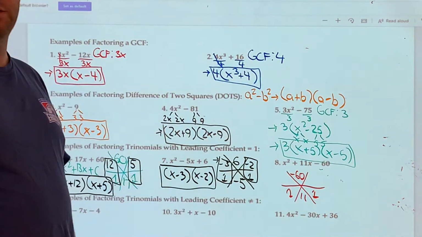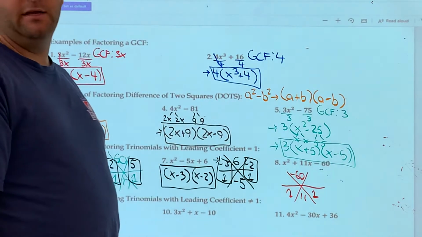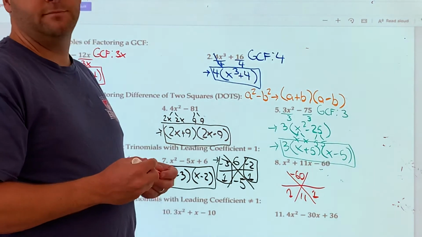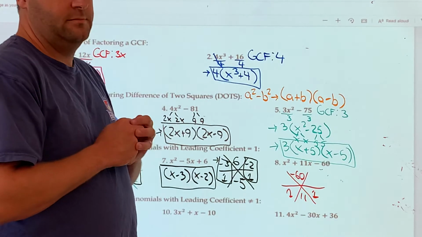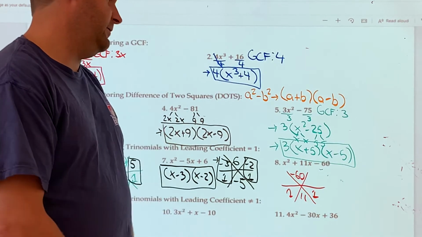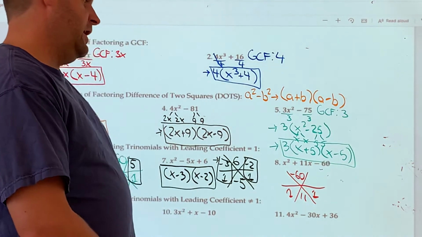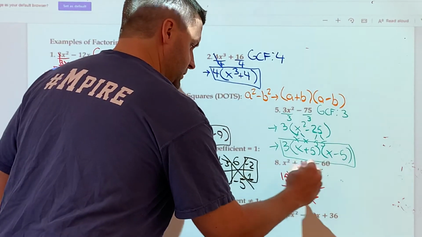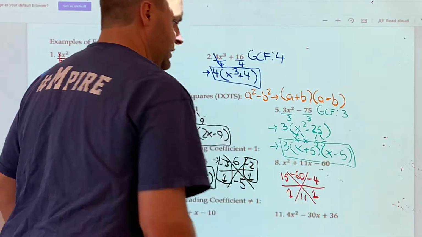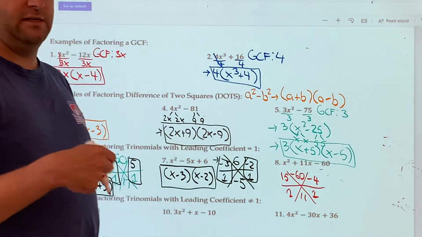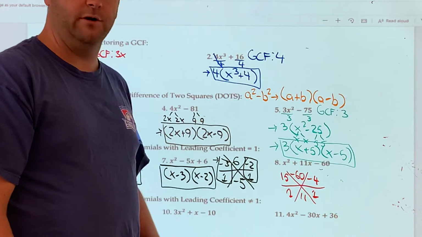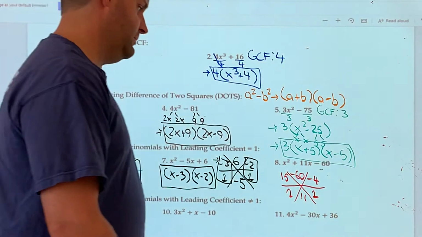I need 2 numbers that multiply to give me negative 60 that add to equal 11. That is going to be 15 and negative 4. 15 times negative 4 gives you negative 60, and 15 minus 4 gives you 11.